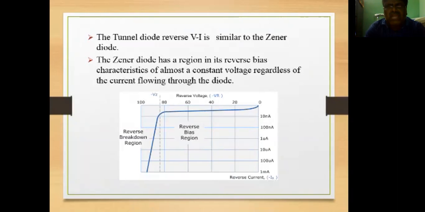This is the Zener diode VI characteristic: reverse bias region, reverse breakdown voltage. Whenever more voltage is applied, the current also decreases, and at a very high level of voltage the diode is destroyed.